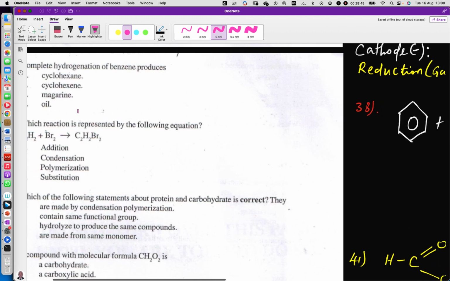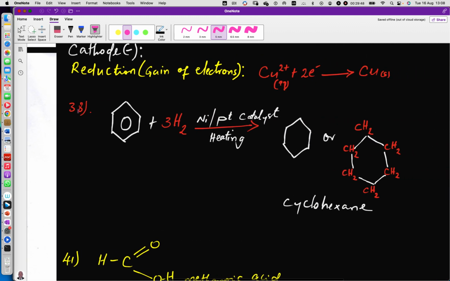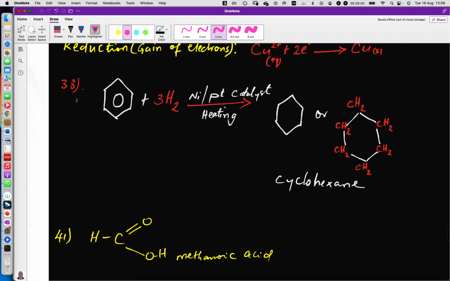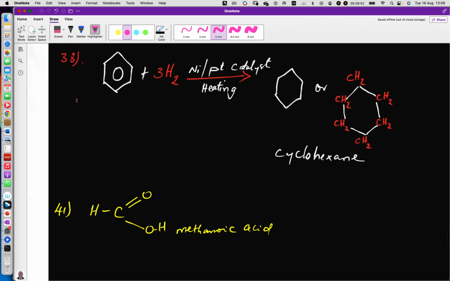Okay, let's look. This is a benzene molecule. If we add hydrogen there, this is facilitated by a nickel or a platinum catalyst. Either you use a nickel catalyst or you use a platinum catalyst.